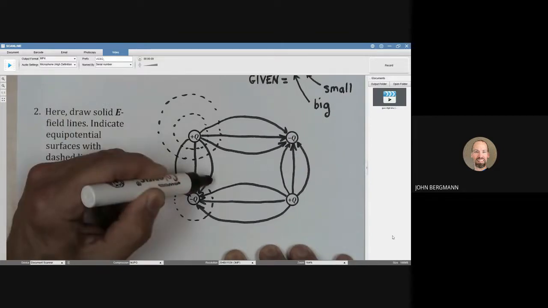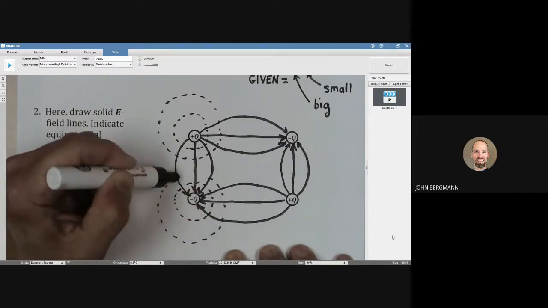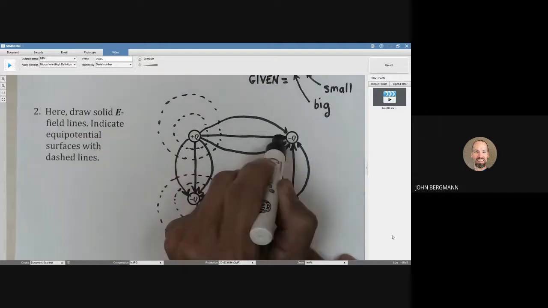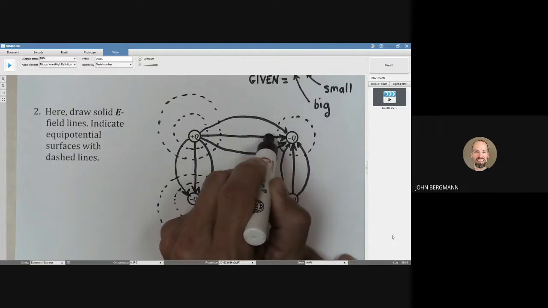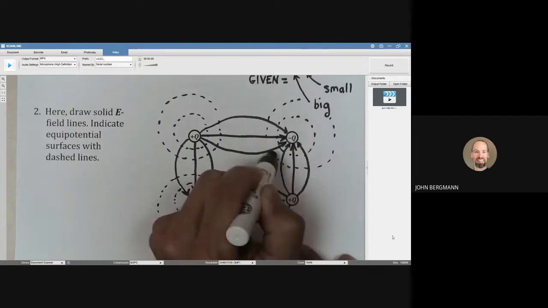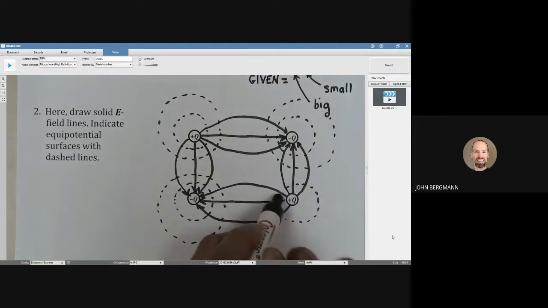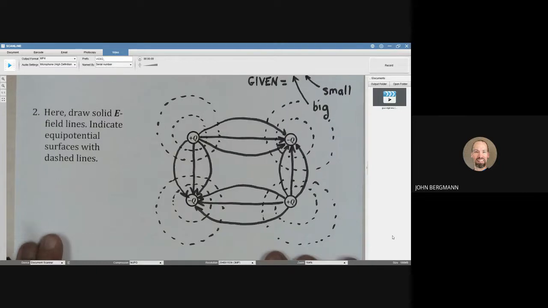And we can draw in a few more here. These are not supposed to be concentric circles. They kind of balloon out a little bit bigger on the outside of this series of charges. And of course, we can't draw them all in, but we can draw in a few. There are some equipotential surfaces.